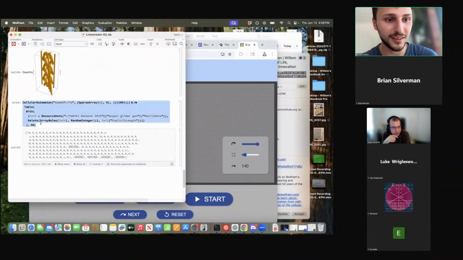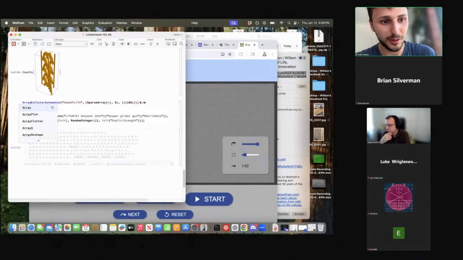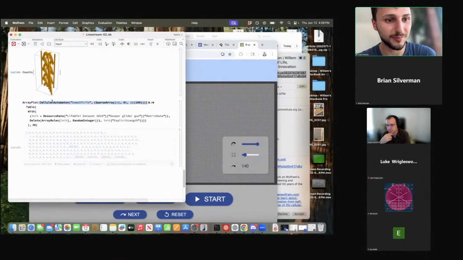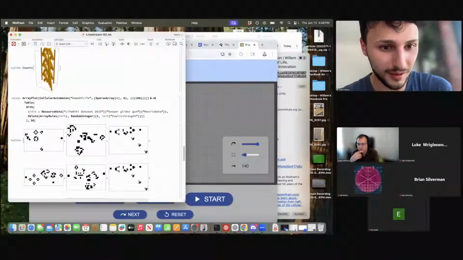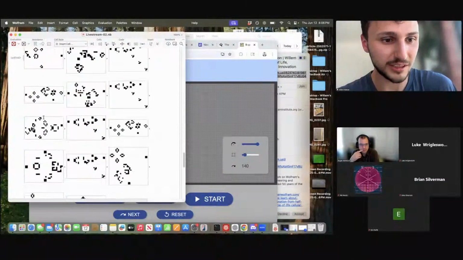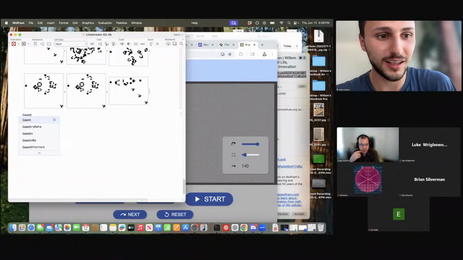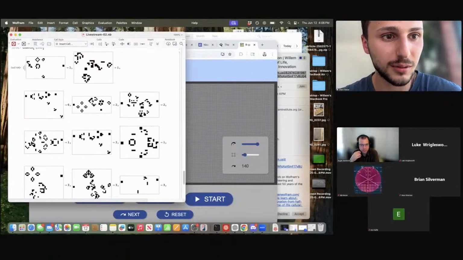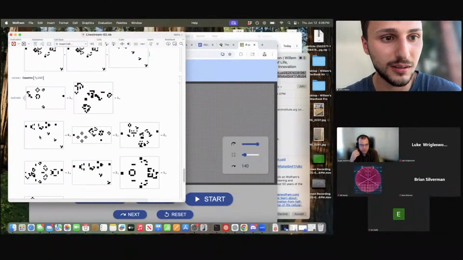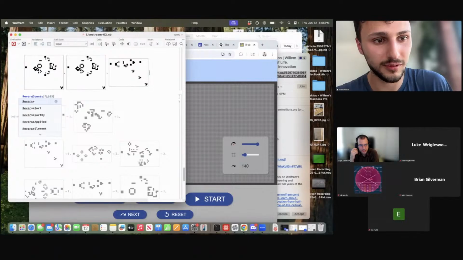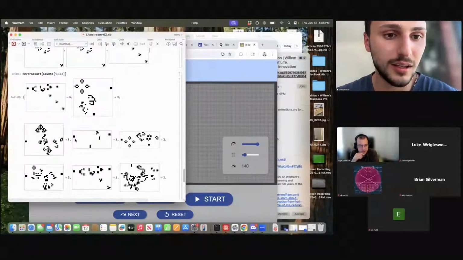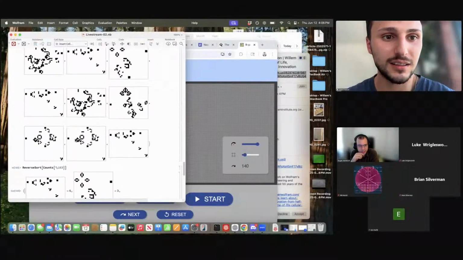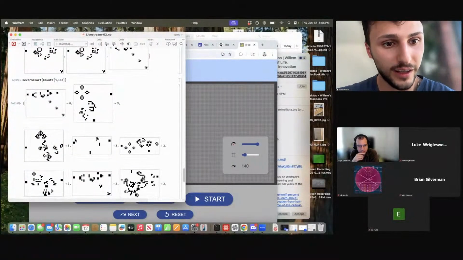Okay, here we go. So this is what we want. And then we can do array, and then we could just do counts. Well, you're getting the last or the nth frame, seeing which ones still have gliders on them.